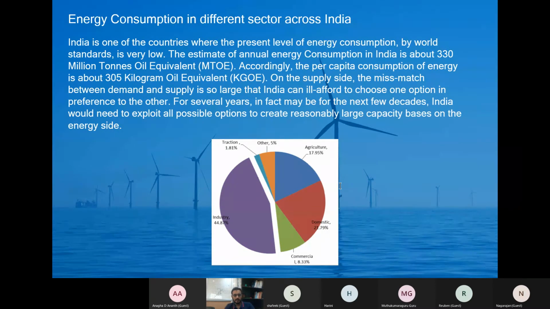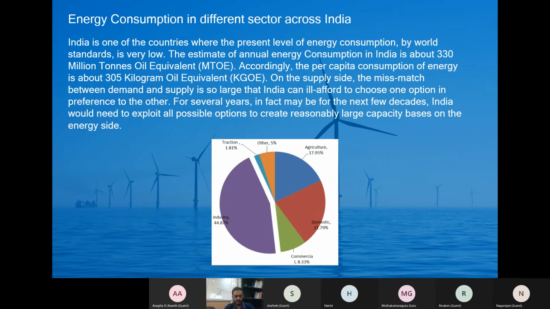Sector wise consumption. If you see this graph, these are the sector wise consumption: agriculture is 17.95%, domestic 21.79, commercial 8.33, industry is the largest electricity consumer at 44.87, and others.